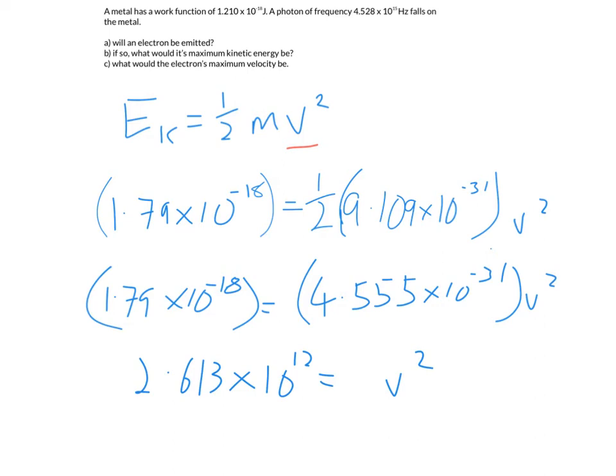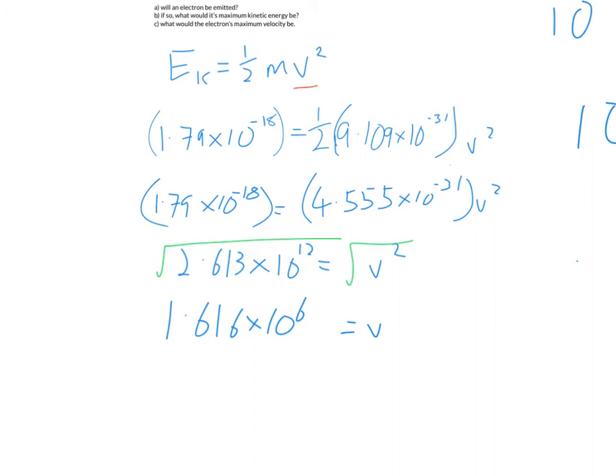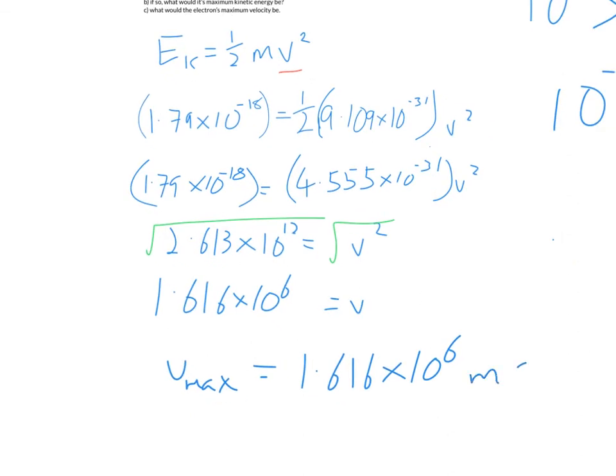And now finally, to get v by itself, we're going to square root both sides, giving us v, the velocity, on the right hand side, and 1.616 by 10 to the power of 6 on the left hand side. This then is our final value for the maximum velocity of that electron after it's emitted. 1.616 by 10 to the power of 6. And now we should always be checking that we've included our unit. So for velocity, that'll be meters per second.